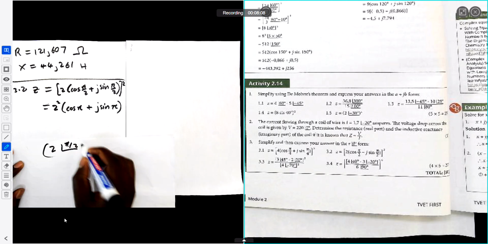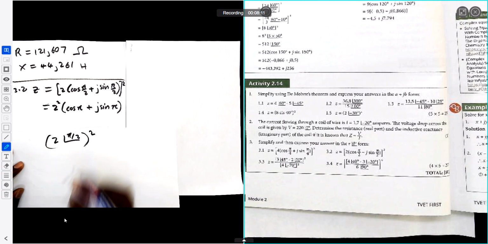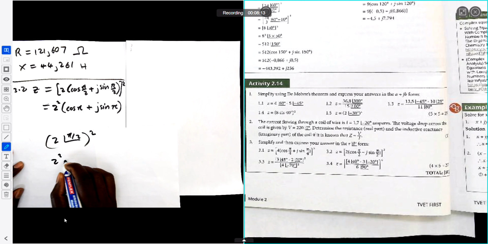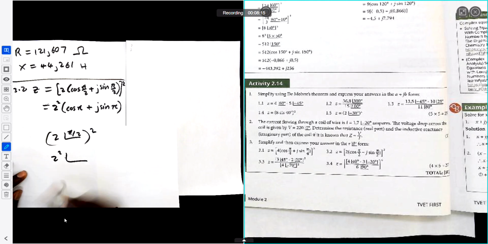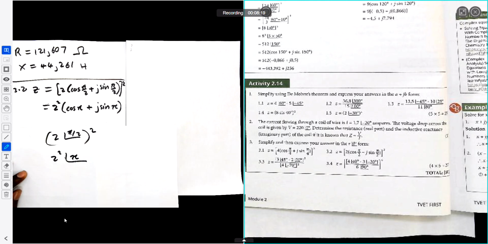Even if you were working with the other format, you still raise 2 to the power of 2, angle theta, multiply the angle by the exponent, so you'll be left with pi. So pi over 2 times 2 is pi radians.